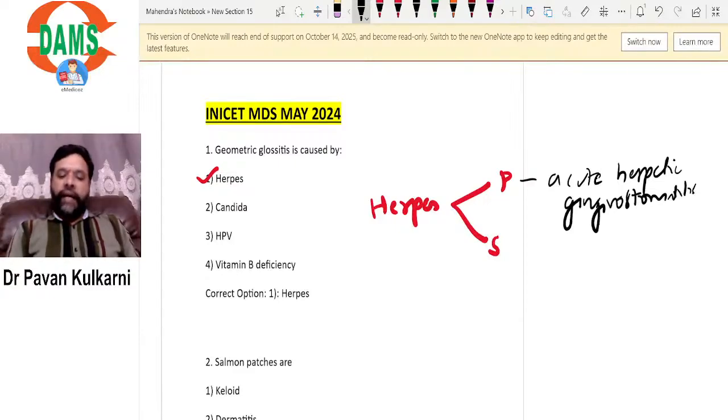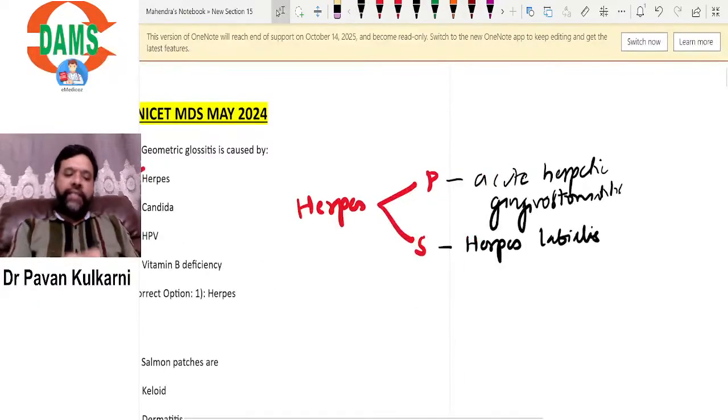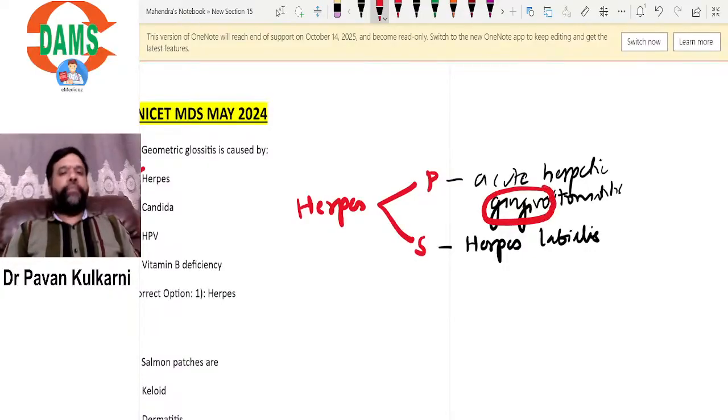Right? All of us know acute herpetic gingivostomatitis is what you see in case of primary herpes. In case of secondary herpes, which is usually seen because of reactivation, you will see herpes labialis. The ulcers usually affect the mucoperiosteal area, the masticatory mucosa.